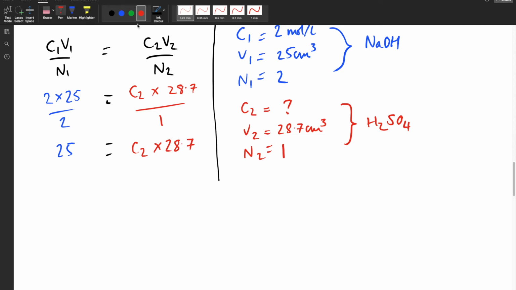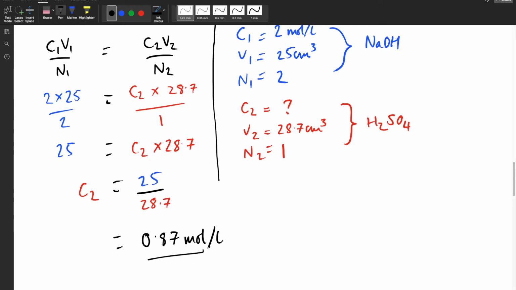Okay, so C2 equals 25 divided by your 28.7, which should hopefully equal 0.87 moles per litre. That should be the final answer for that one.